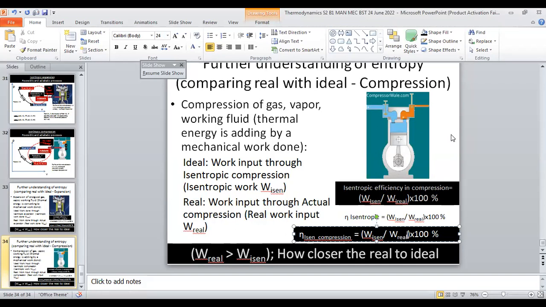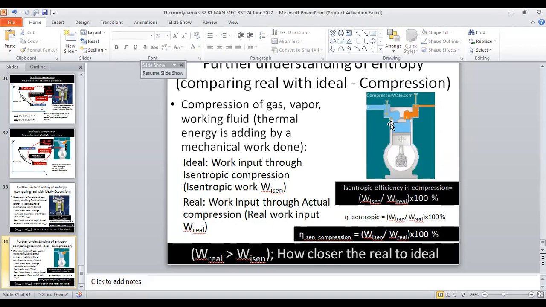So this isentropic is a very important concept. It's related with entropy. So your understanding of entropy is making you feel good about learning thermodynamics. Okay, it's quite interesting.